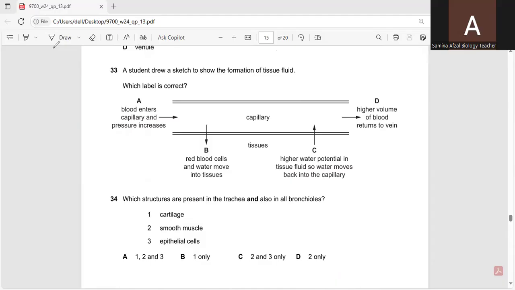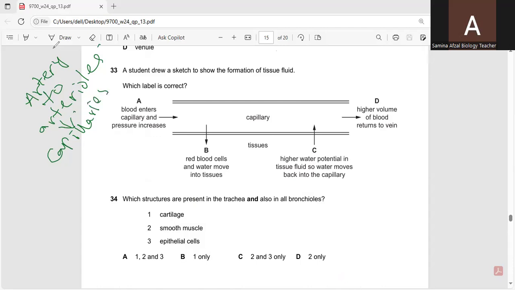When the blood enters into the capillary, the pressure becomes lesser in comparison to arterioles, because the blood enters from the artery to arterioles and then into the capillaries.